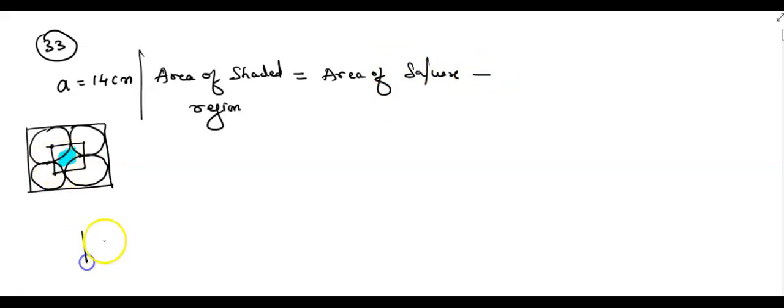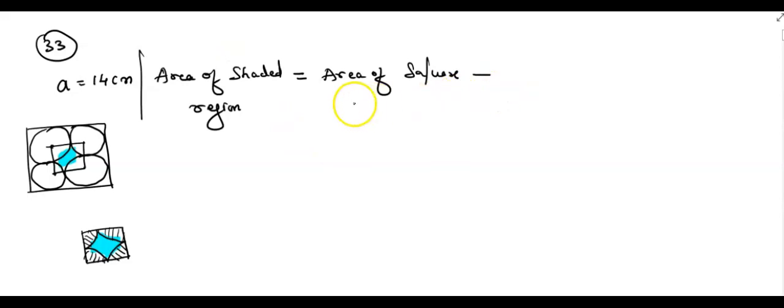From this area of square, can you see this is the square? Can you see this area? This area and this area. From this square area, first remove this area. Then the area which is left out is the shaded region.